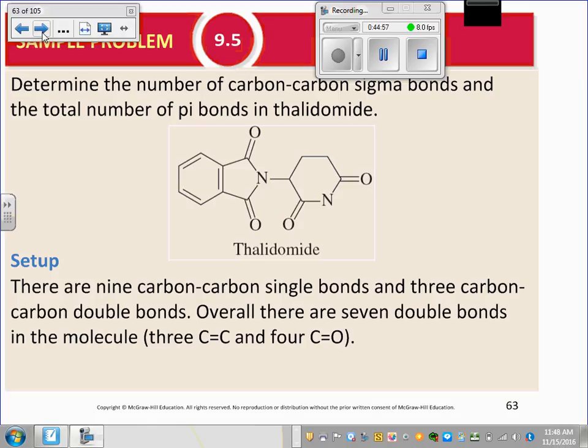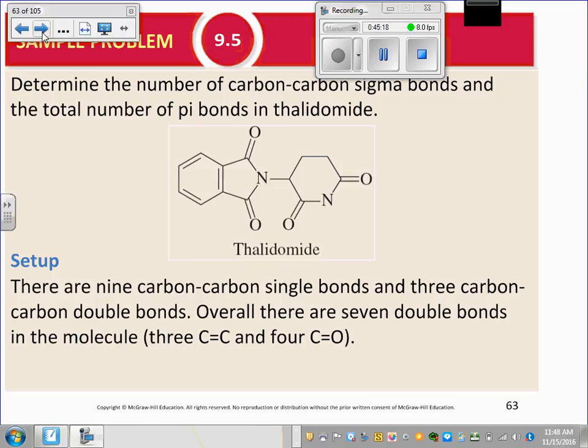So now we're going to count the double bonds. So we have 3 on the ring, 1, 2, 3. The carbon-oxygen double bond is 4, the other carbon-oxygen double bond is 5, and the 2 on here are 6 and 7. So there's 7 double bonds. I'm just going to put 7 double.